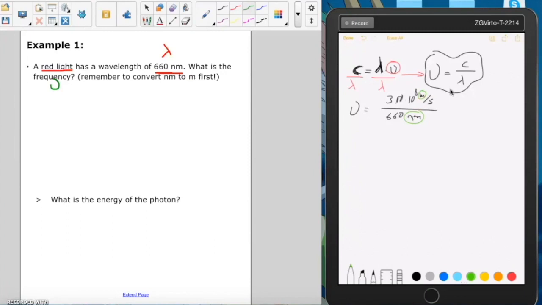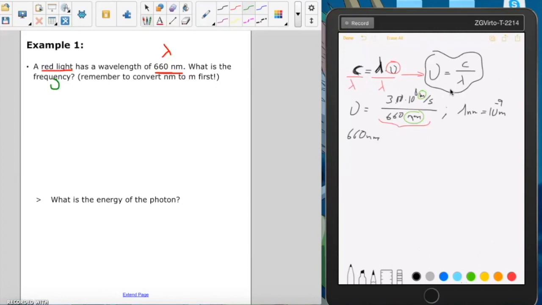So the first thing that you're going to do before you plug in the numbers in the calculator is convert the 660 nanometers into meters. And how are we going to do this? Well, we need to remember, and if we don't, it's okay, now we know it, that 1 nanometer equals 10 to the minus 9 meters.